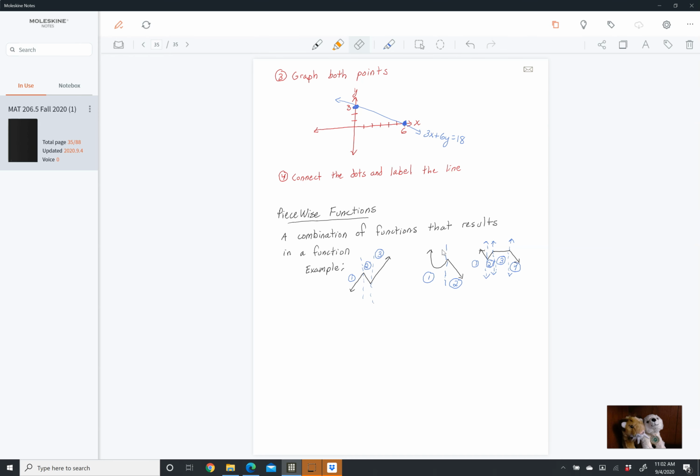Okay, so let's talk about a couple of things before we start. First thing is an absolute value function. The graph, this is kind of like a side note.